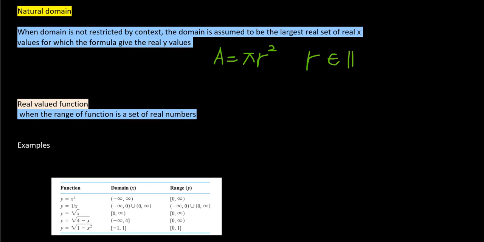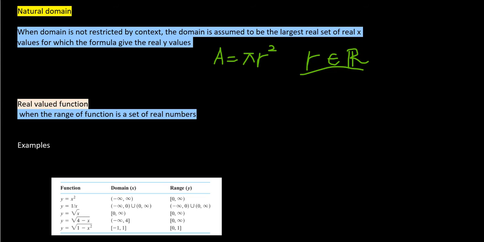Suppose the radius belongs to all the real values, then we can say that this function has a natural domain.